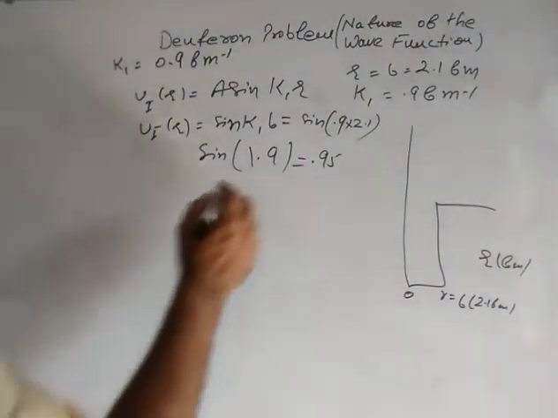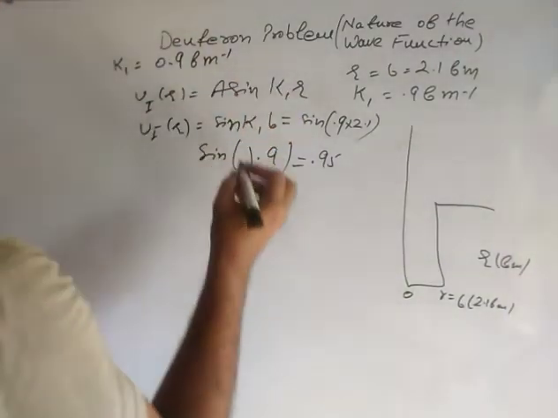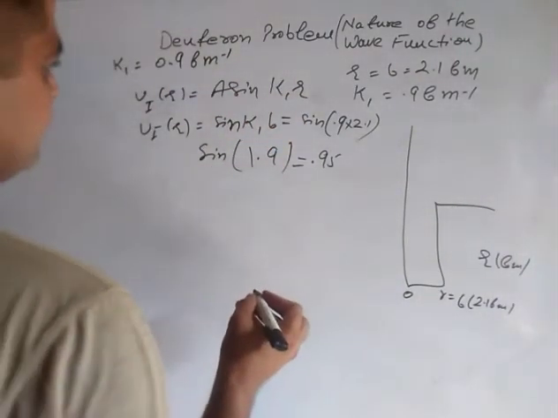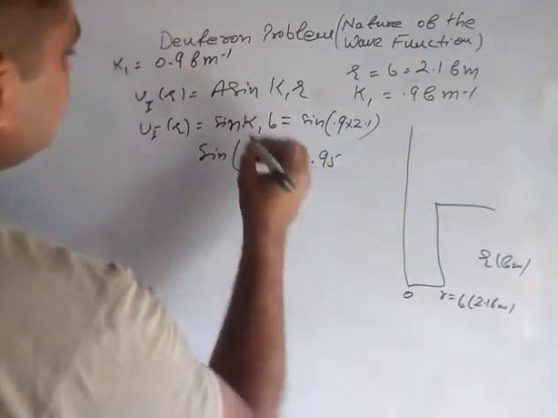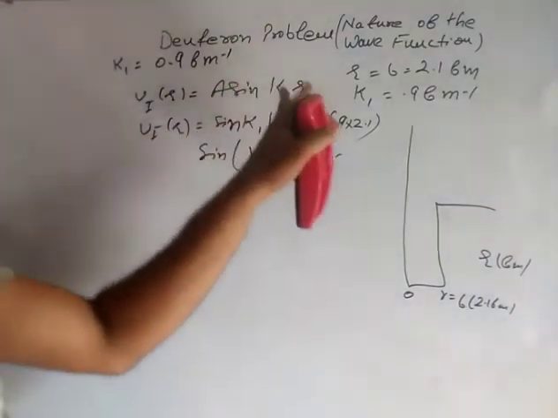And I have calculated this value at the edge of the potential. Now when will this value be maximum? This value will be maximum when K1b, or you can say K1r, is equal to pi by 2, because you know that the maximum value of sin theta is at 90 degree.